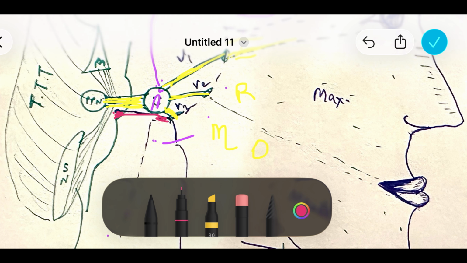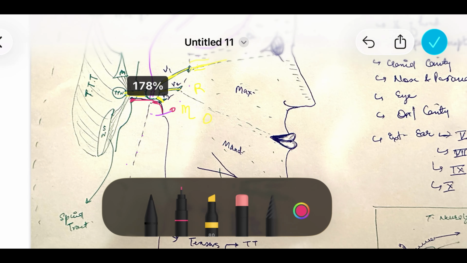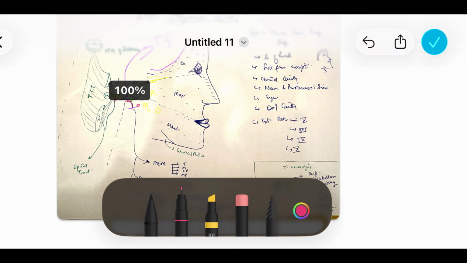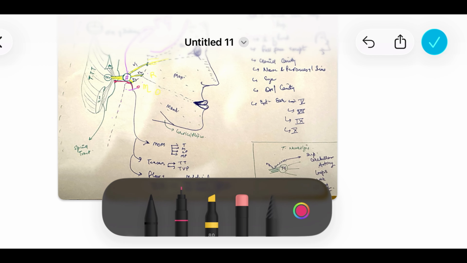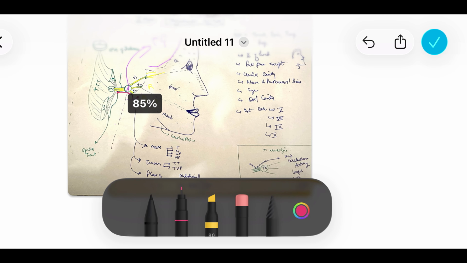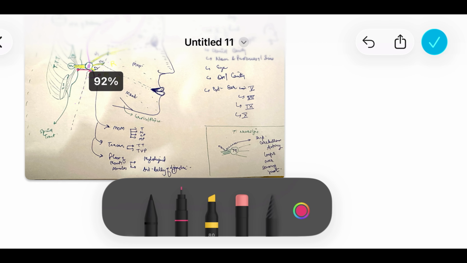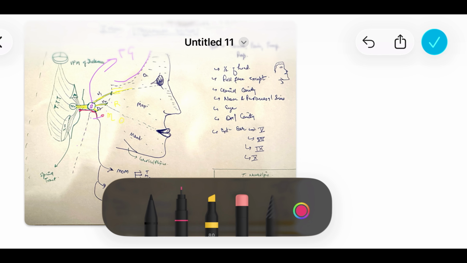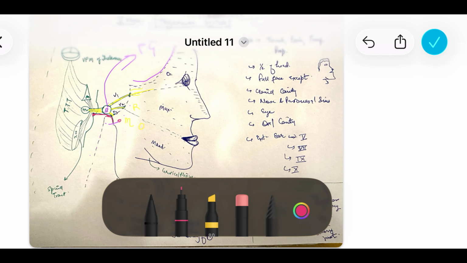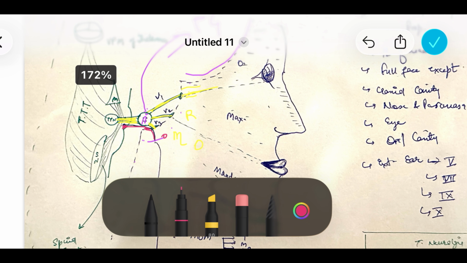From the pons it travels and then it comes out through foramen ovale along with the mandibular nerve and supplies the muscles of the first branchial arch, that is muscles of mastication, the two tensors, tensor tympani and tensor veli palatini, and floor of the mouth muscles like mylohyoid and anterior belly of the digastric. All these muscles are supplied by the motor root of the trigeminal nerve.